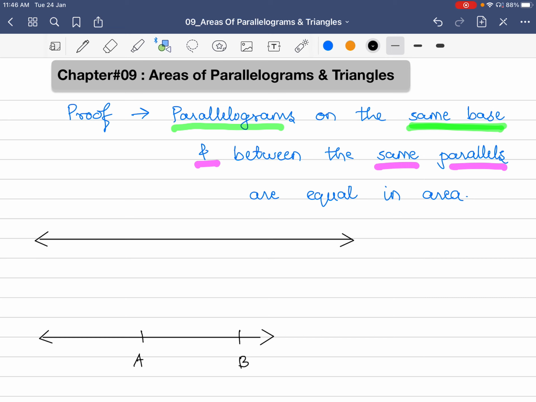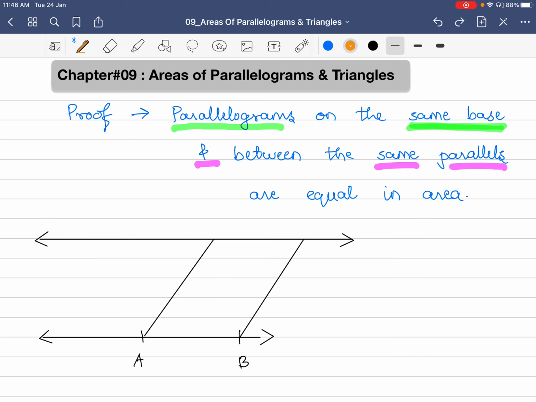So this is my parallelogram, between the same parallels. And now I'm going to construct another parallelogram on the same base AB, and between the same parallels, between these two parallel lines. So let's do it.